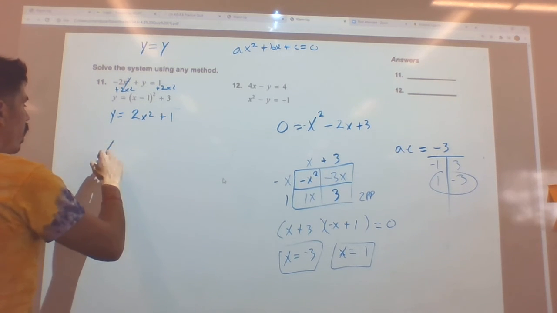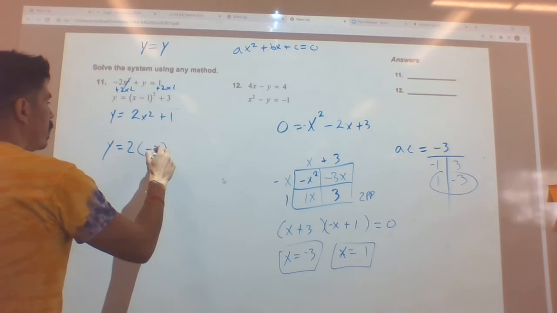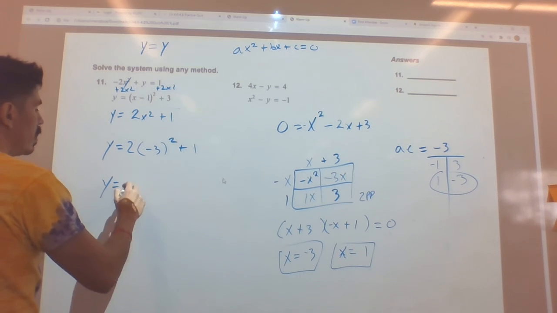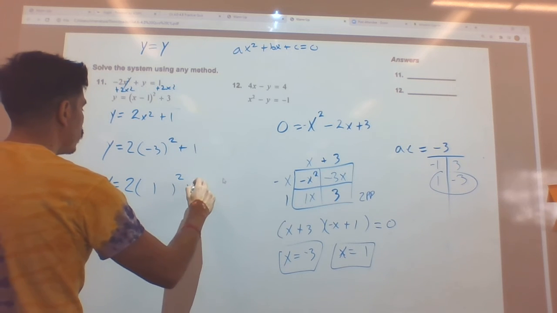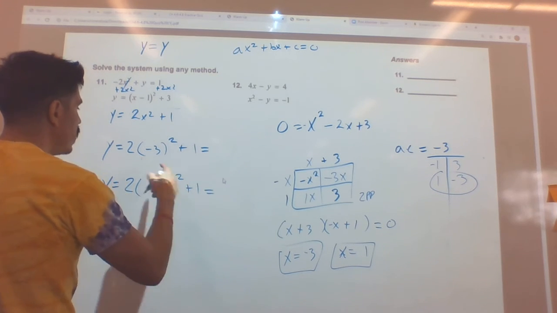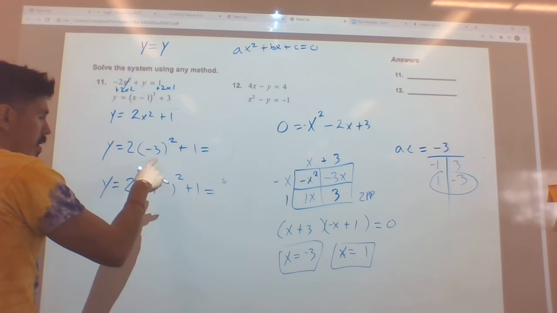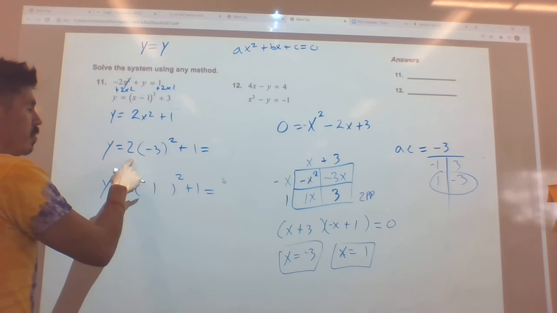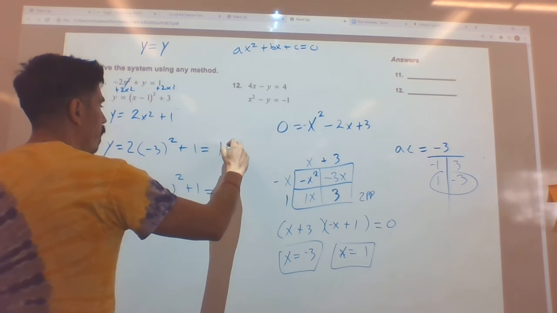I'm going to say y equals 2 times negative 3 squared plus 1, and y equals 2 times 1 squared plus 1 for my other x value. So for this one here, negative 3 squared is 9, times 2 is 18. 18 plus 1 is 19.